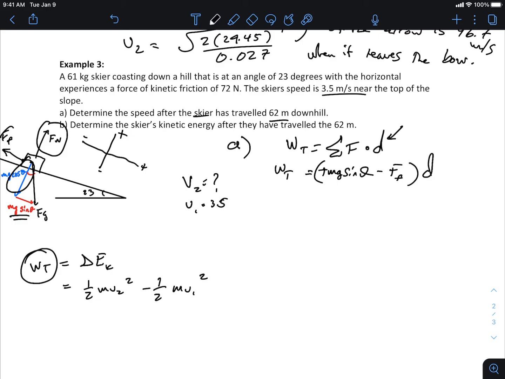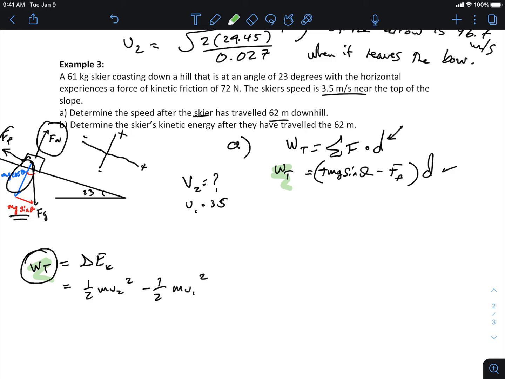That's what I'm using this for. Because I know everything in here. I know the distance that the forces are acting on. I know the force of friction, and I know m and g. And I know the angle of the incline. So you can use all of this to find out what W total is. You can take W total after and plug it in here.